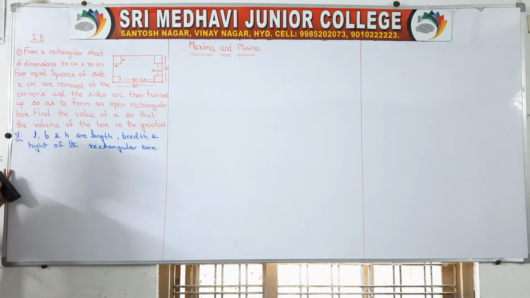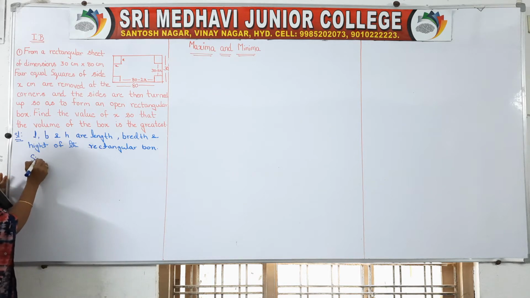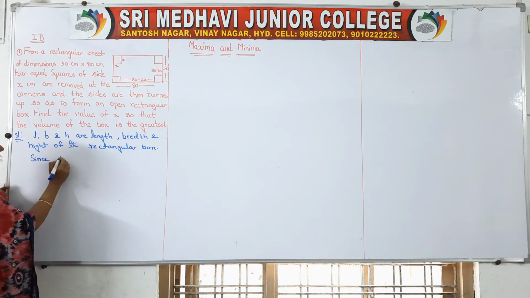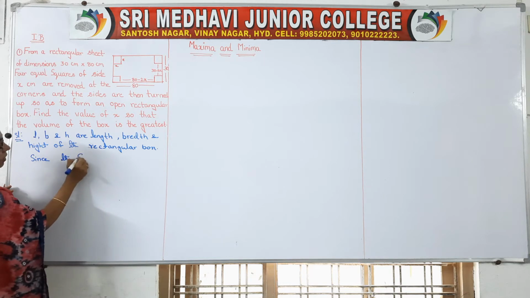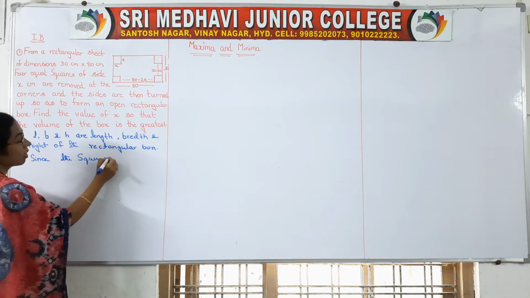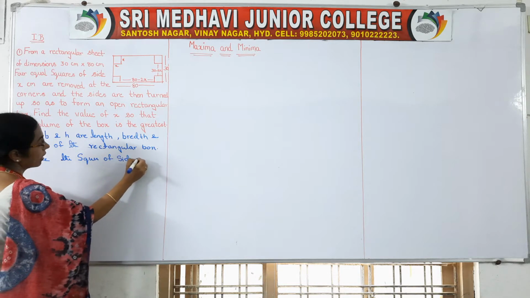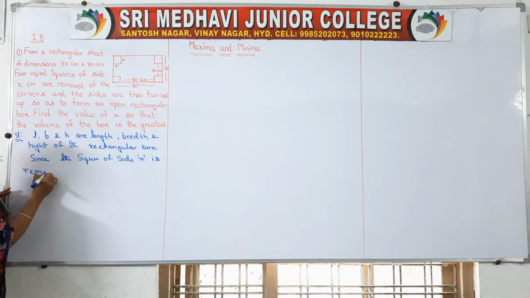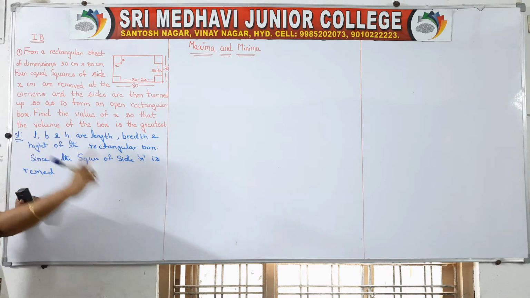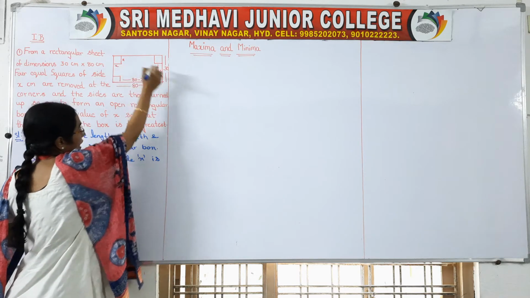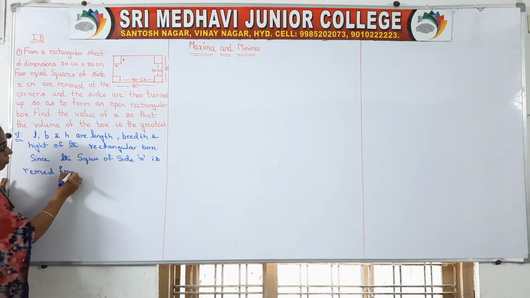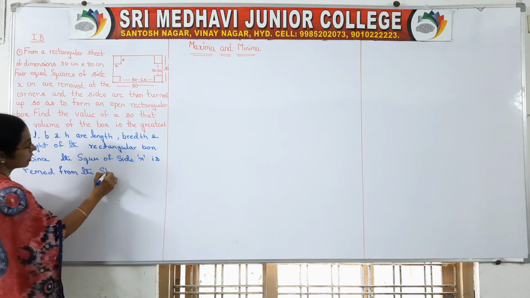Since the squares of side x are removed, all 4 squares of side x removed from the sheet.